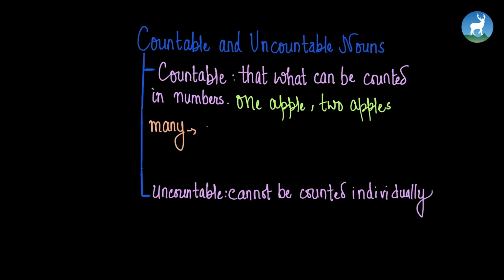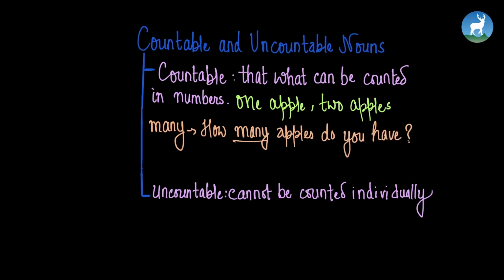For example, when I have to ask what number of apples are there, what will I say? I'll say, how many apples do you have? So many gives us the answer to the question how many in number, okay?